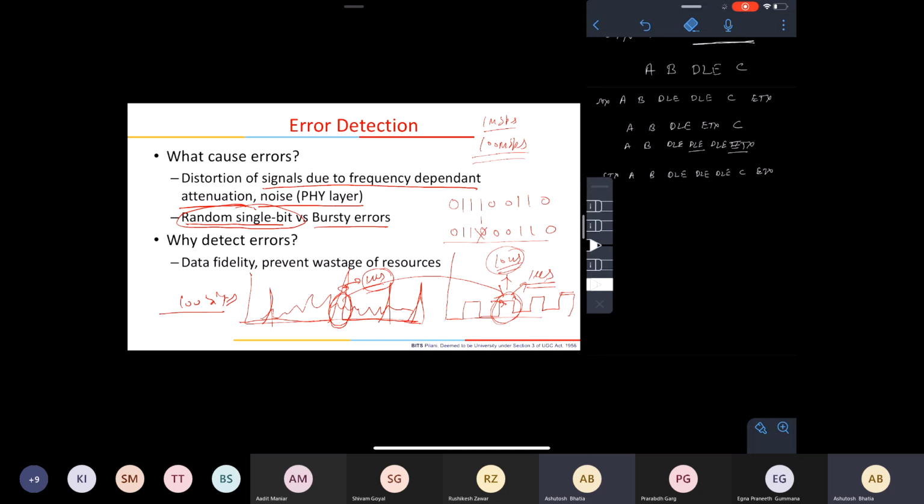Okay. So usually handling this bursty error is tricky, and even modeling, like when you try to model the performance of your protocols and things like that, it is easier to assume random single bit error.